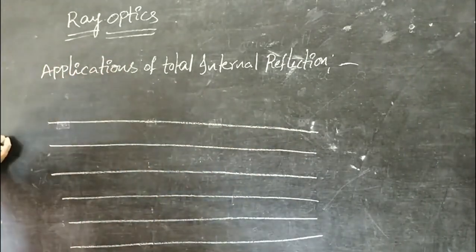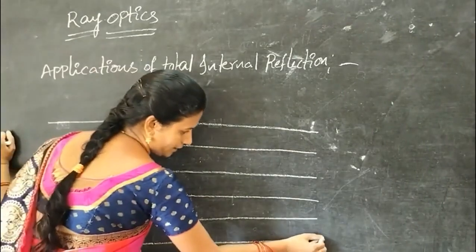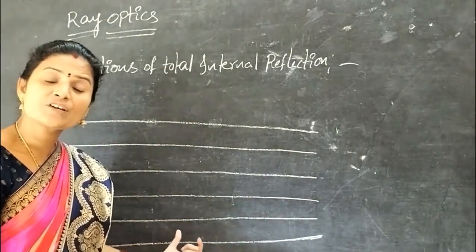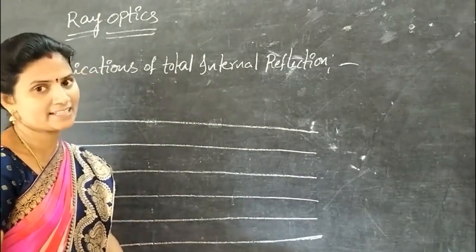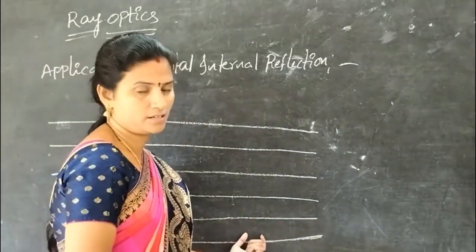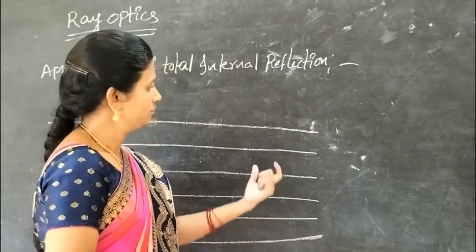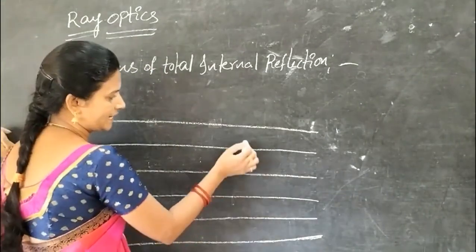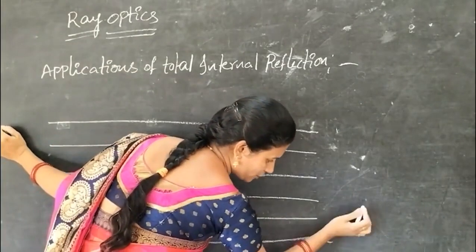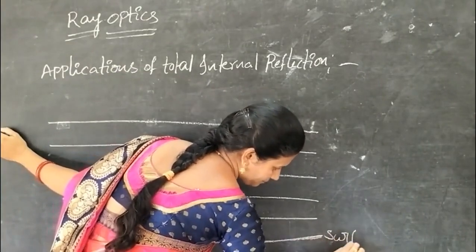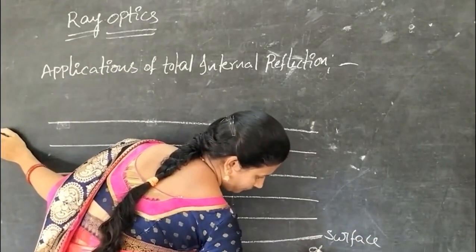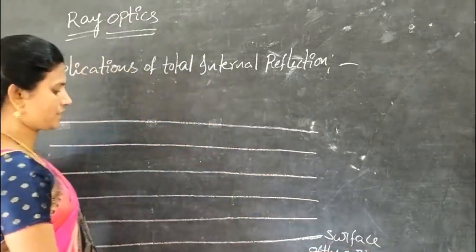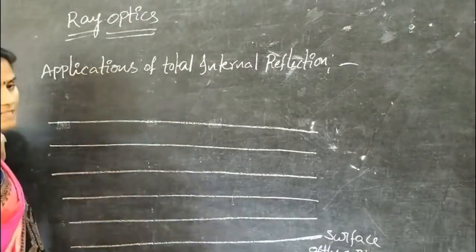The layer which is very close to the earth surface is too hot compared to the upper layers. These are the air layers.